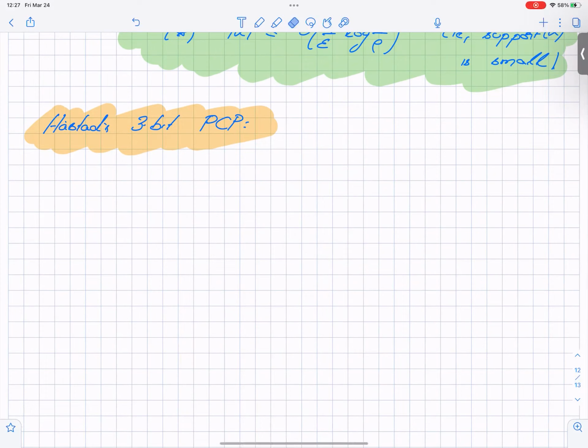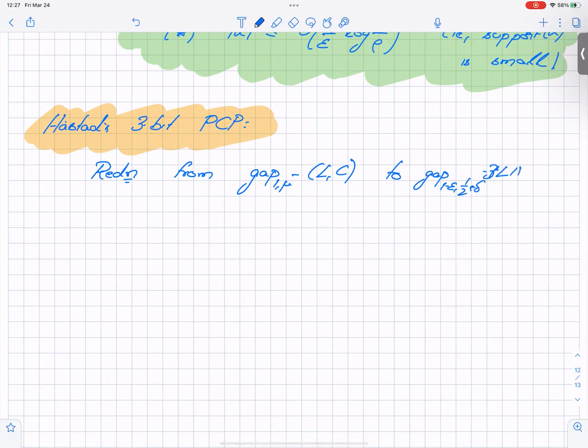The reduction from gap 1 minus mu label cover to gap 1 minus epsilon versus half plus delta 3-LIN. What's its input?